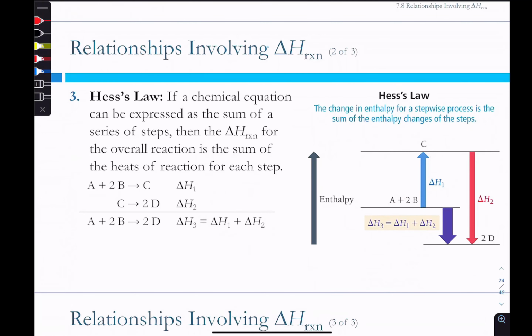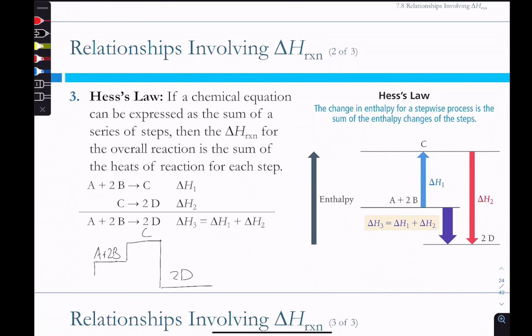In my mind, I was also thinking of this like steps. If we start on some step, let me just put it here, A plus 2B, and then it goes up to C, and then it drops down to D, I guess 2D, right?